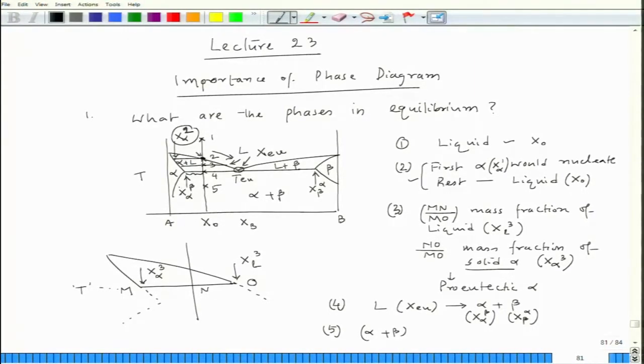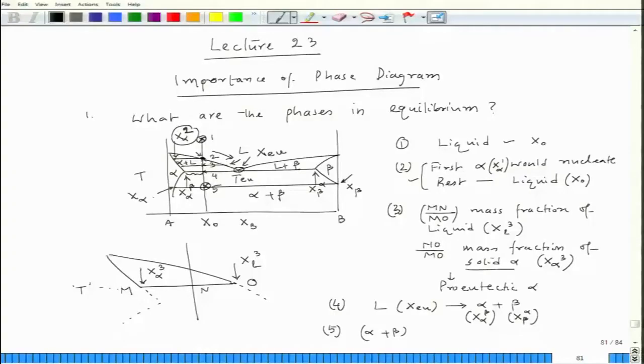For example, if I consider 5, then this is my composition X beta and this is my composition X alpha. If I take the liquid directly from this point to that point and then leave it there, it will convert into alpha and beta, and the compositions of those alpha and beta would be this one and this one.